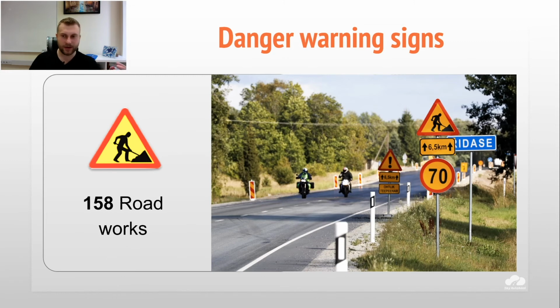Authorized official, I mean a policeman or another person who controls the traffic. So I have to think about all these things when I see this sign, that it might be dangerous to continue with the speed limit I had. Maybe I have to be slower than usual.